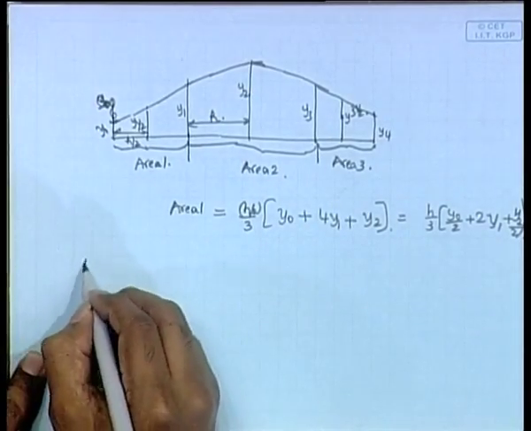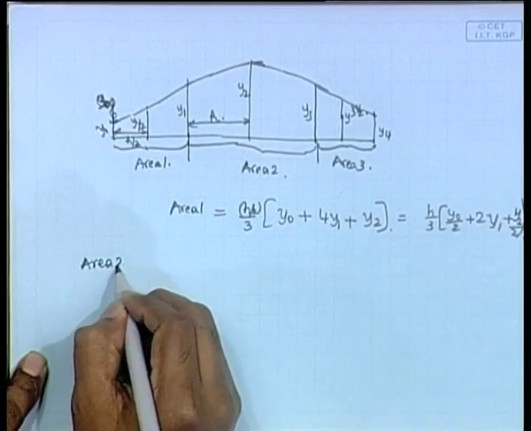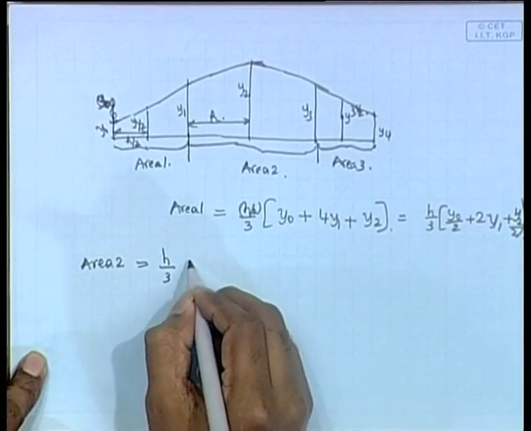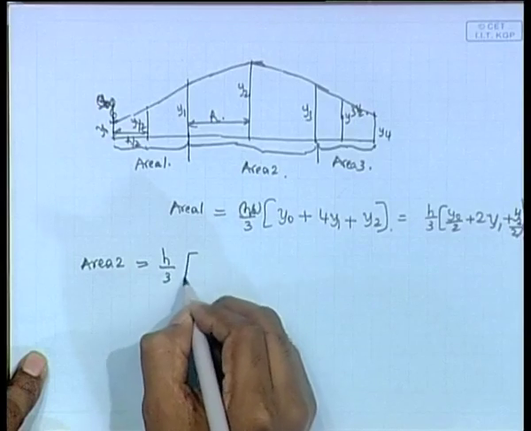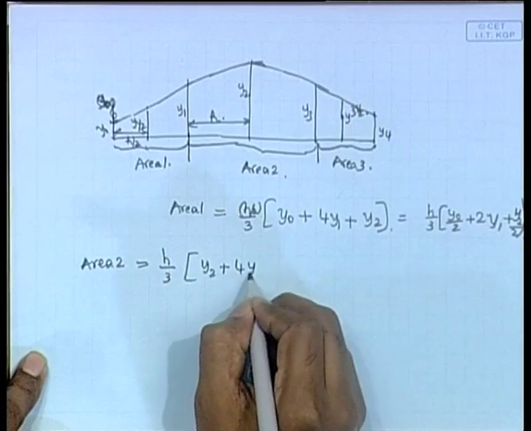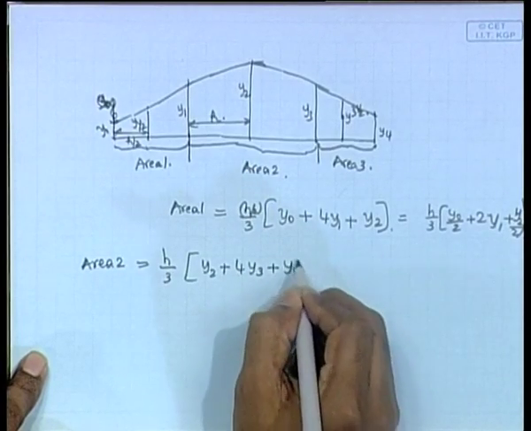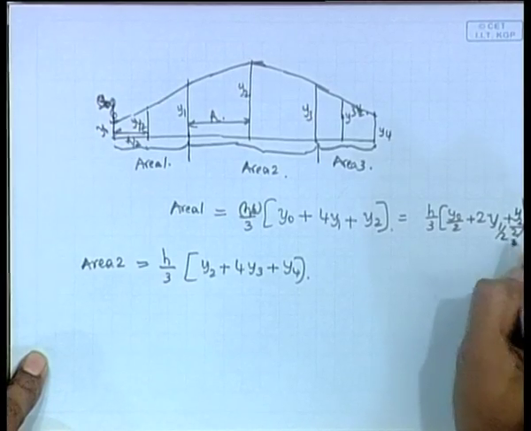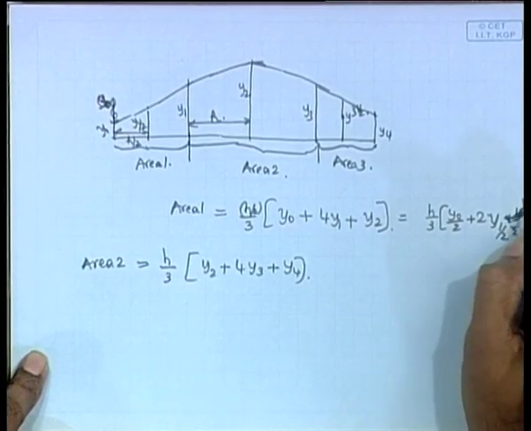Then the area of the second section is given by h by 3 into y 2 plus 4 y 3 plus y 4, that is very obvious. Sorry, y half plus y 1, correct.